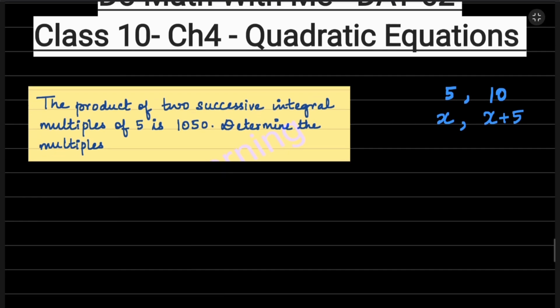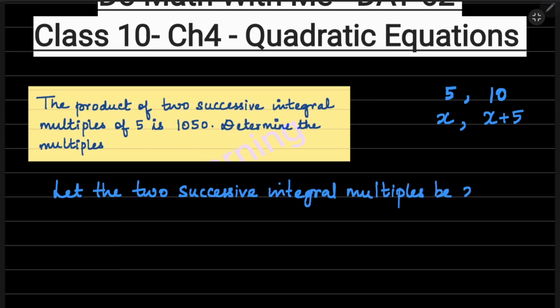So we'll just start by assuming that let the two successive integral multiples be x. Let it be x, the first number, and the second number would be x plus 5 because it's a multiple of 5.